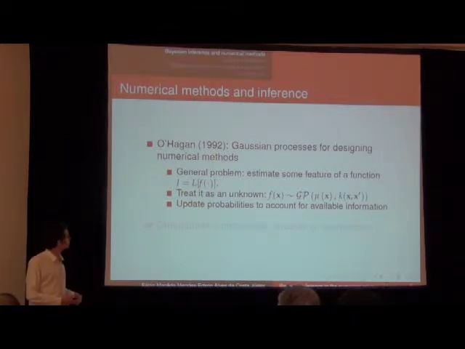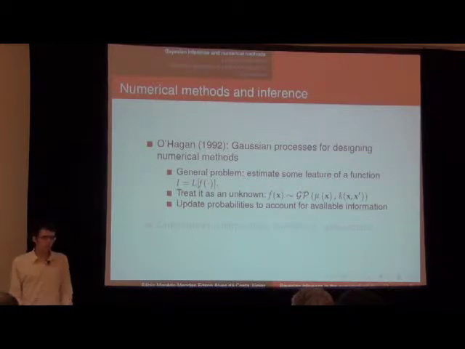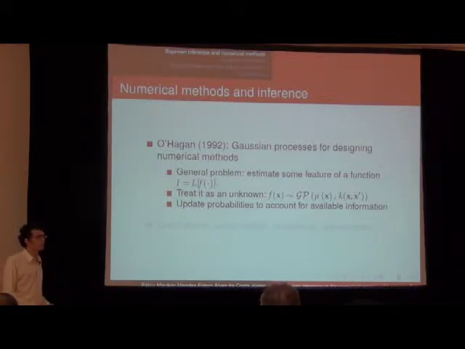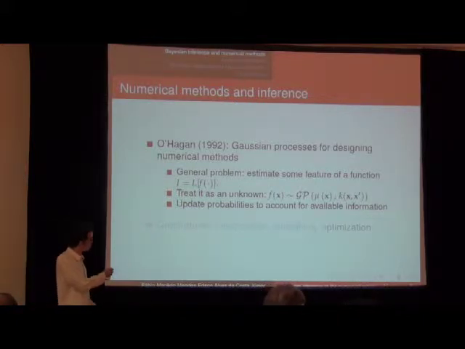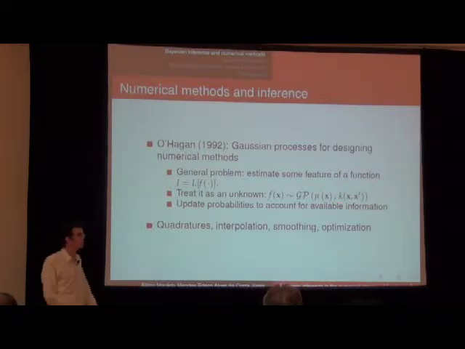So you have to, either artificially or naturally, have some partial information about the function. And what he proposed is that we treat this as a problem of inference and assign a probability to this function. And he used a Gaussian process.